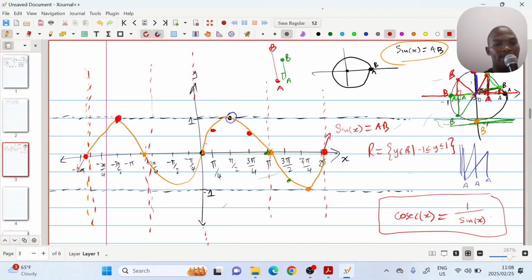If I pick a point somewhere here, is that point less than or bigger than 1?